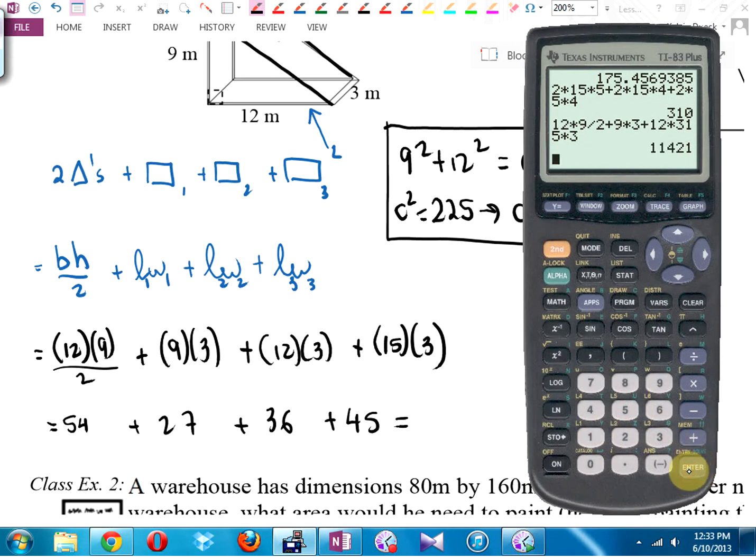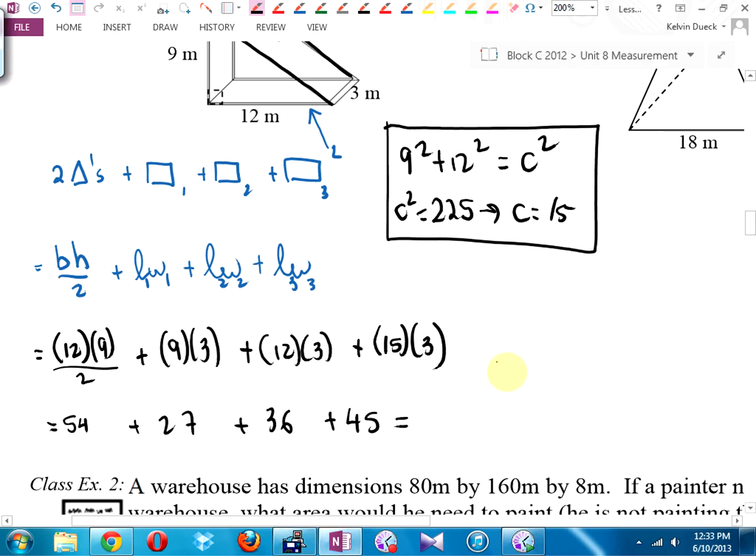Yep. I think you're missing a triangle. You think I'm missing a triangle? Why am I missing a triangle? Alex? Nobody said anything. Where am I missing a triangle? What did I write right here in front? 2 triangles. So put a 2 right there. And make that 108. Are they identical triangles? I can do that, yes?